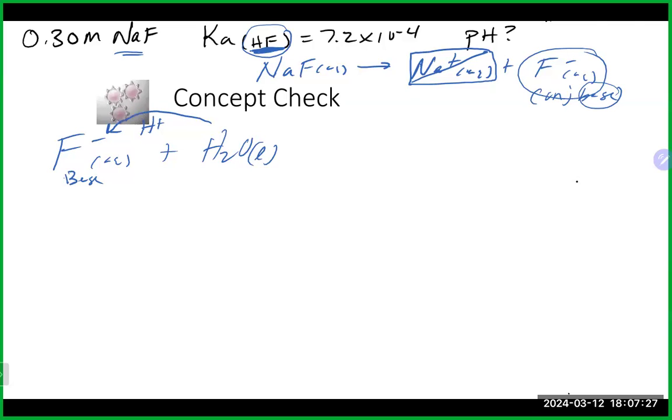Clearly, it does not have an H to give, so logic also tells us there's no way it could give an H plus, so it could only accept an H plus in this particular case. When it does so, people always struggle with, what do I put on the other side? Also why it's good to look at the problem, because frankly, it always makes where it came from, which means there is half of the other side for you, which is HF.